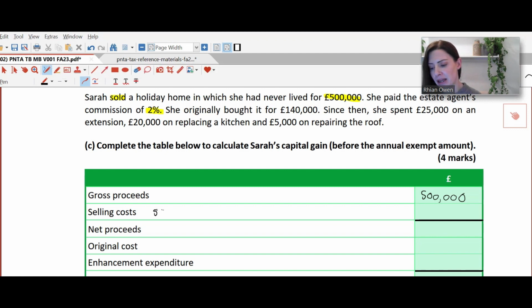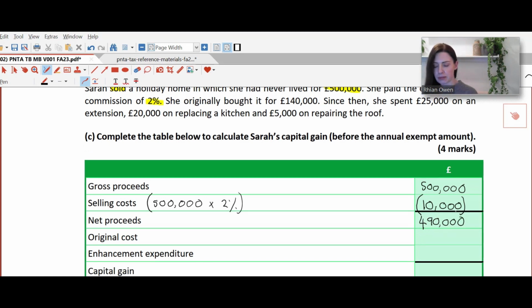So this will be 500,000 times 2%, which will give us £10,000. So we deduct those selling costs, which leaves us with net proceeds of £490,000.